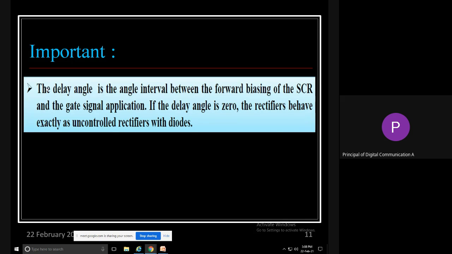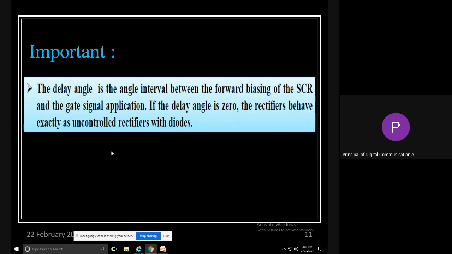So this sentence, just highlight it, because it might come in the MCQs or in the interview times also, they can ask question की कुठलाही कंट्रोल्ड रेक्टिफायर नॉर्मल रेक्टिफायर सारखा वापरायचा असेल तर काय करणार तुम्ही. मग एखादं उत्तर देईल की हां SCR काढा आणि डायोड लावा. That is the solution.